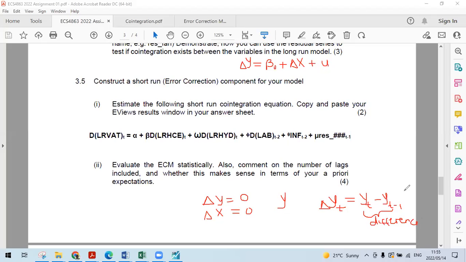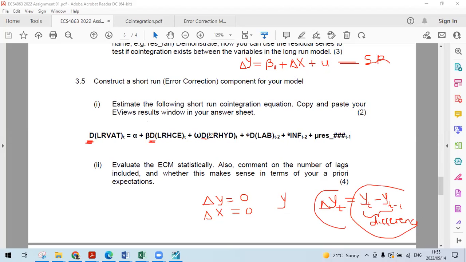So when you are talking about the differences or the change in Y_t, you actually want to see the marginal effects here. So this is actually a short run model. You are right there. When we are trying to write our short run models, you will see it will be having the D's. Are you seeing the D's here?